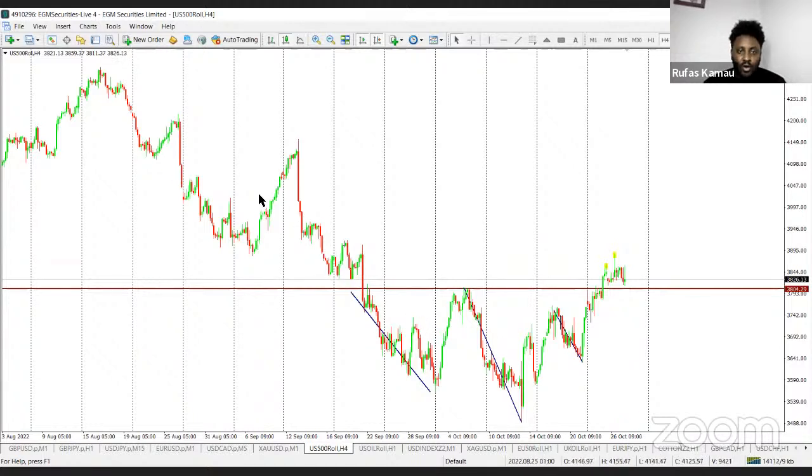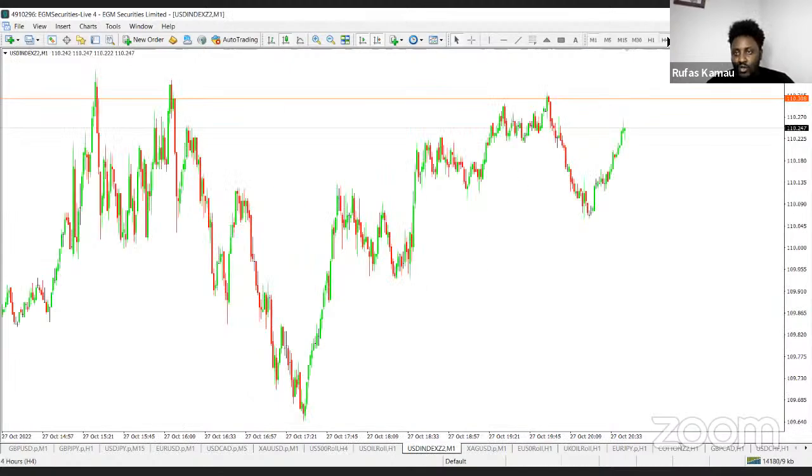Remember, all these stocks are priced in dollars. So if the dollar is very strong, then the opposite or the reverse happens and stocks go down. So we have been experiencing an inverse relationship between the dollar and the S&P 500 stocks. As the dollar index keeps on rising, we have been seeing the S&P 500 go down.